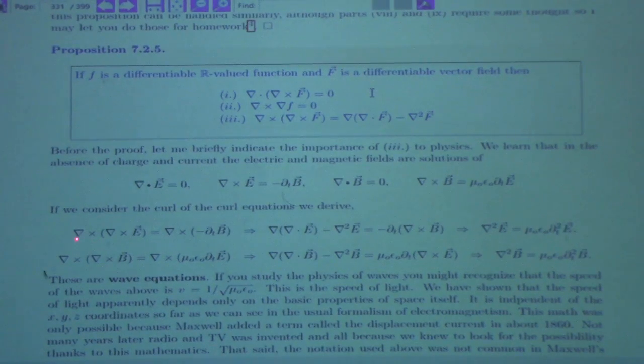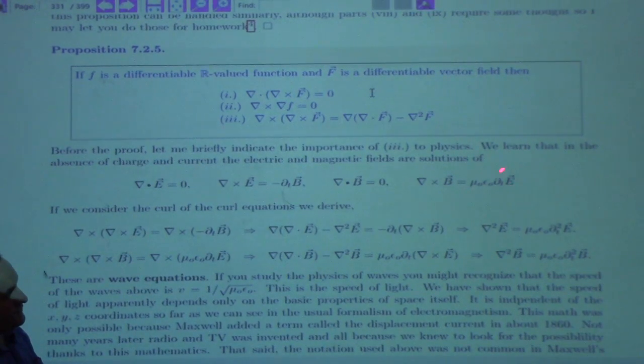If you calculate the curl of the electric field, right? That is the curl of minus the partial derivative of the magnetic field with respect to time, right? And on the other hand, it's this stuff here, right? It's the gradient of the divergence minus the Laplacian of the electric field. Well, this is 0. And so the curl of B was what?